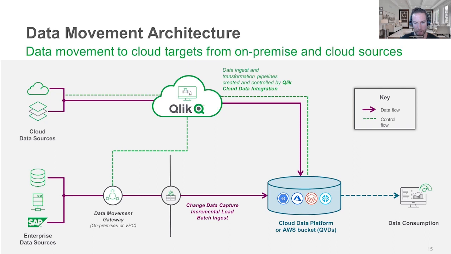Your Qlik Cloud tenant contains the Data Integration Management Console, and that allows you to set all settings required for the movement to take place. So the Qlik Cloud tenant is basically a control plane that talks to the data movement gateway, which is hosted on premise, and it basically manages the movement.